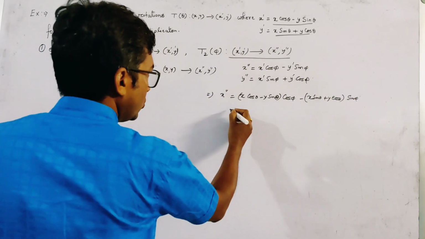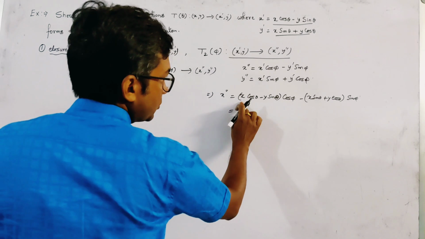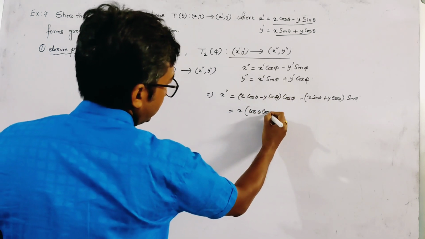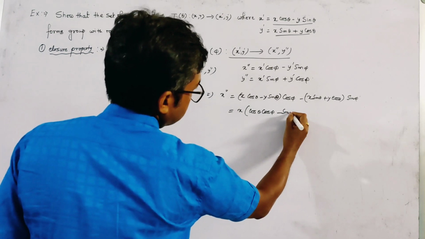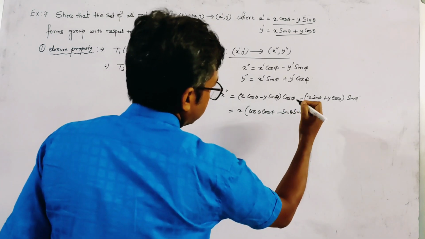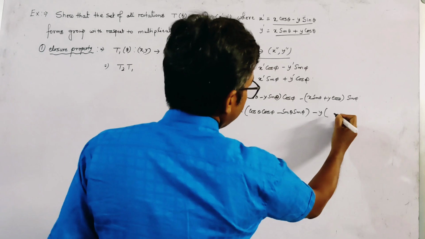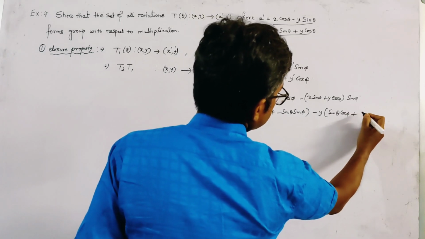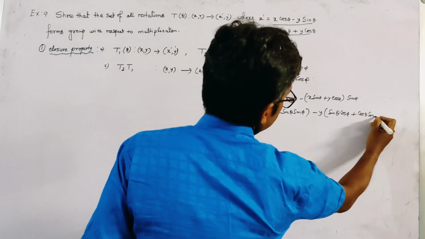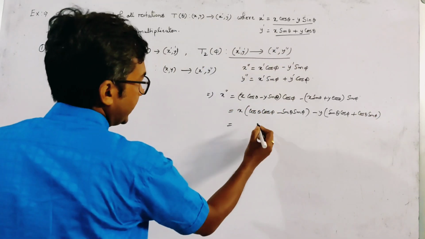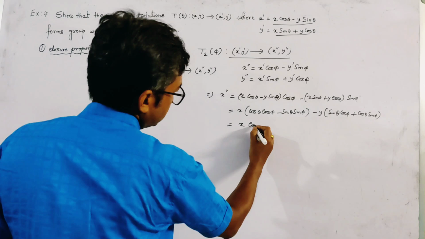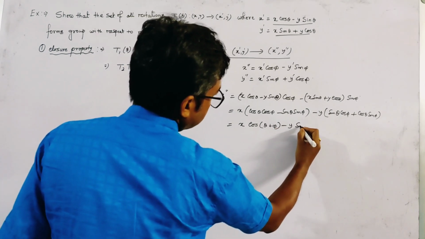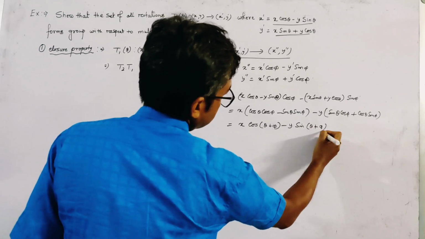Taking x common, we get x (cos theta cos phi - sin theta sin phi) - y (sin theta cos phi + cos theta sin phi). So we get x'' = x cos(theta + phi) - y sin(theta + phi).